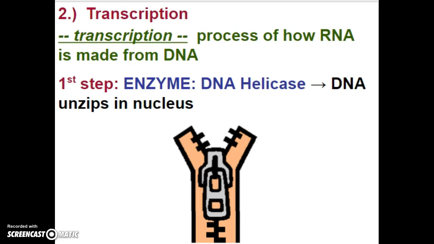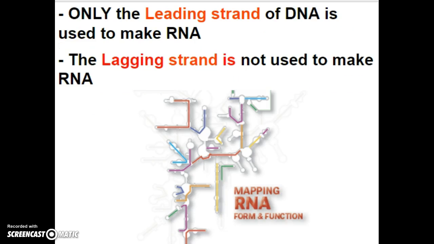It breaks those hydrogen bonds so we can get the two strands apart. Now remember, there's a leading and a lagging strand on DNA. Because messenger RNA is only one strand, it makes the most sense to use the easiest strand to get the information to make RNA.